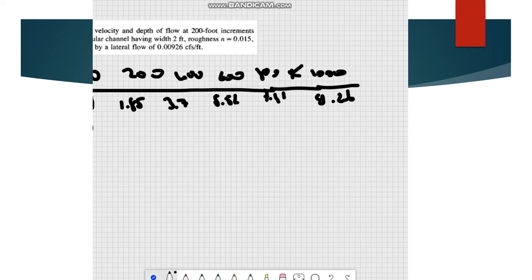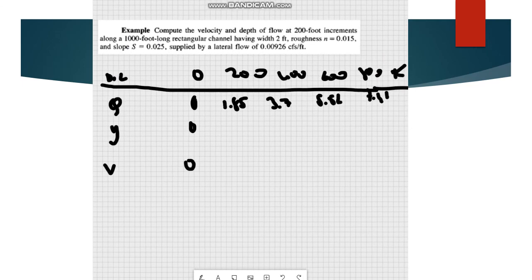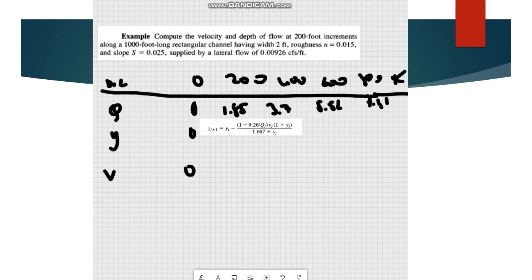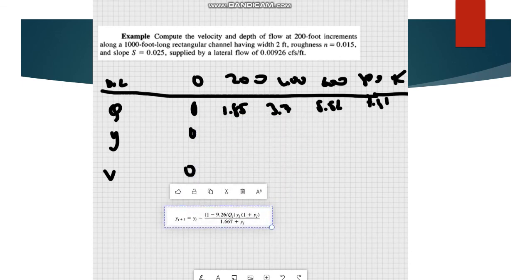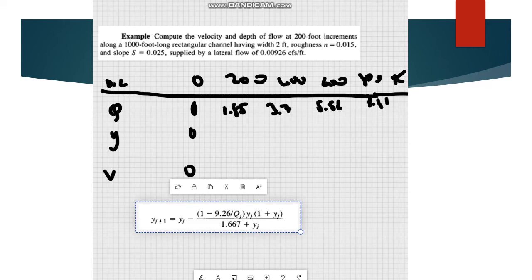So in order to find y, we need to apply again the same equation as in the previous example, let me show you, guys. For a rectangular channel with 0.015 roughness, 0.025 slope and the width of 2.